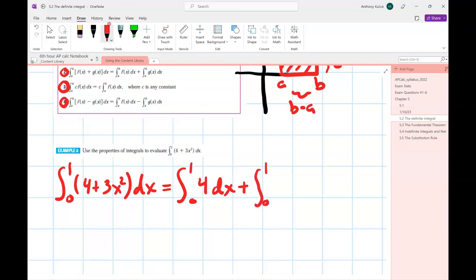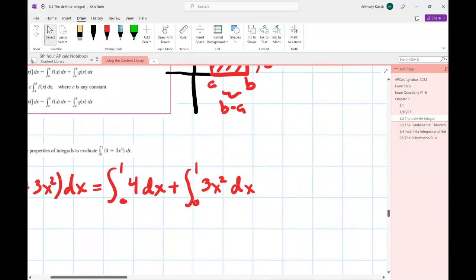Notice that since that dx is applied to the entire thing, when I distribute the integral, I get a dx with each piece. Important that you include the dx with each piece. Now, this first integral, I can just use property 1 on. That's just going to be 4 times b minus a.